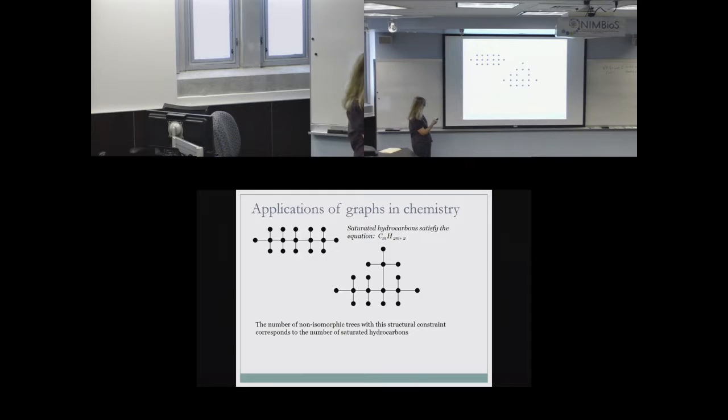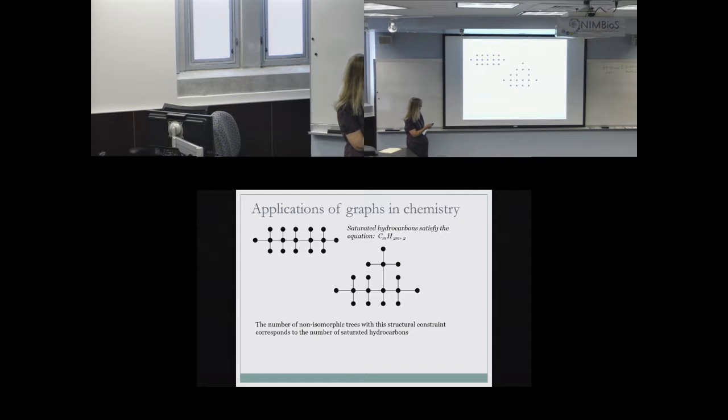So let's look at these two again. We saw this as an example of two graphs that had the same number of vertices, same number of edges, same degree sequence, but they were different. These actually are graph representations of a molecule that satisfies this chemical equation.